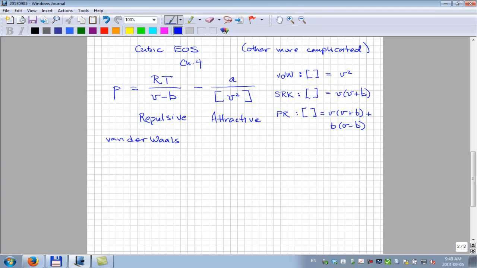So that second term becomes unimportant if V approaches B. You basically get the pressure going to infinity just from the first term.